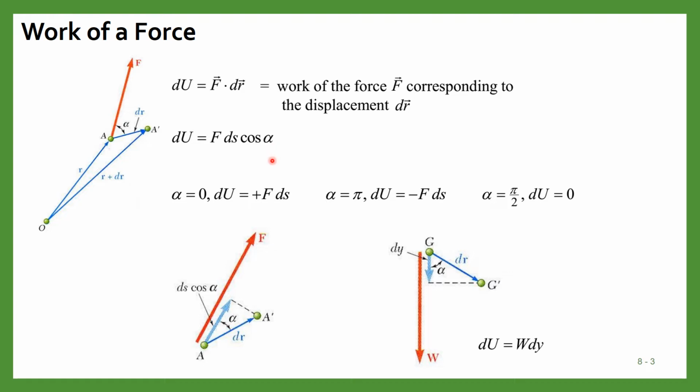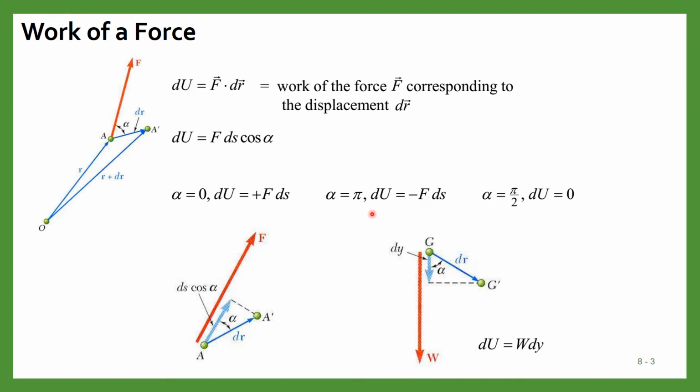Now there are some situations when both force and displacement are in the same direction, that means alpha is equal to 0. Then this work is simply equal to the product of F into ds.